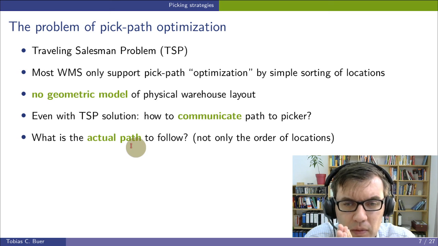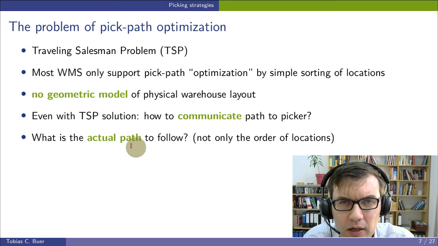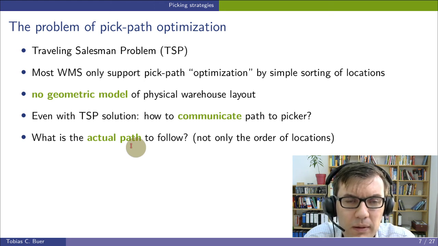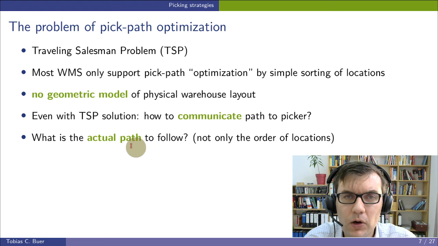This is not necessarily clear. And of course, in the warehouse, we face exactly the same problem. And these are some of the challenges. So what is the optimal sequence? How do we see a geometric model in our warehouse management system? How do we communicate the optimal sequence to the picker? And which is the actual path that the picker should travel?